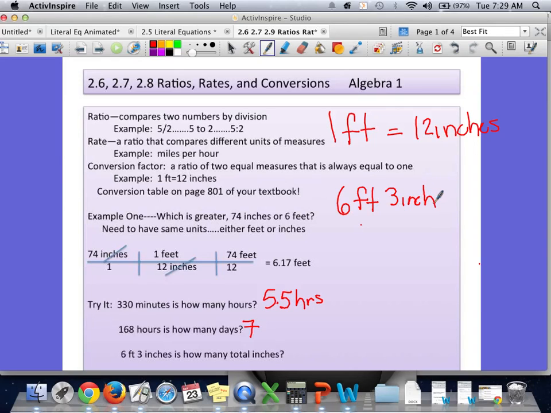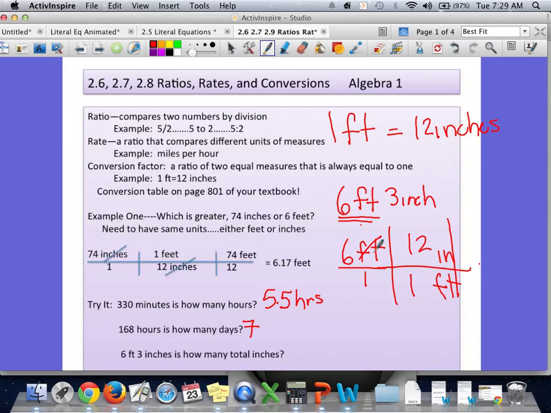Right? Let's convert the feet. So that's 6 feet over 1, feet to inches. Right? So each inch is 1 foot and 12 inches.